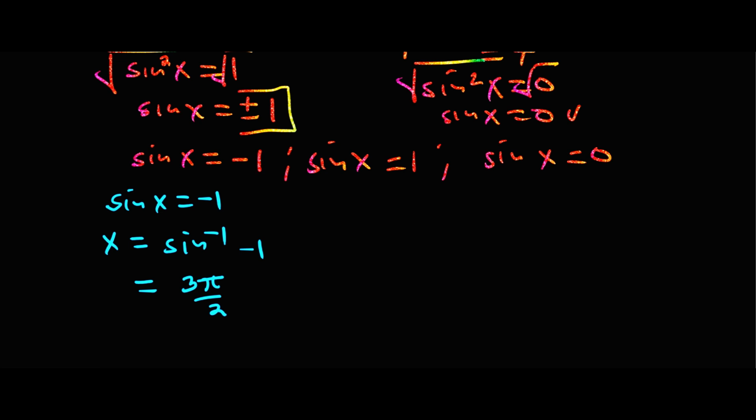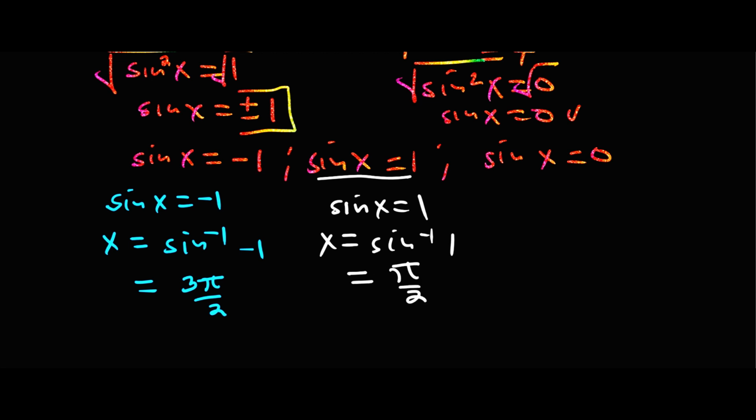And then we can also do the same for when sine of x is equal to positive 1. So we take that x is equal to the sine inverse of positive 1, and the sine inverse of positive 1 is 90 degrees, which can be written as pi over 2.